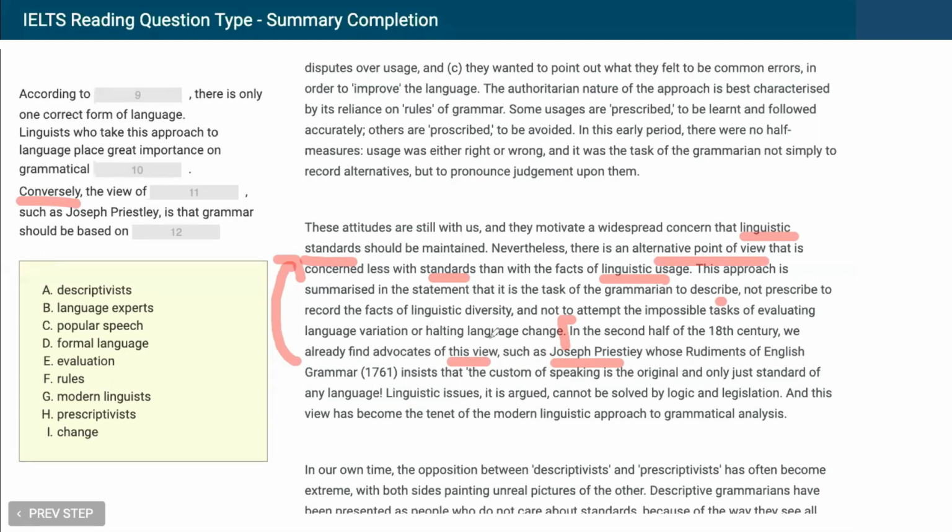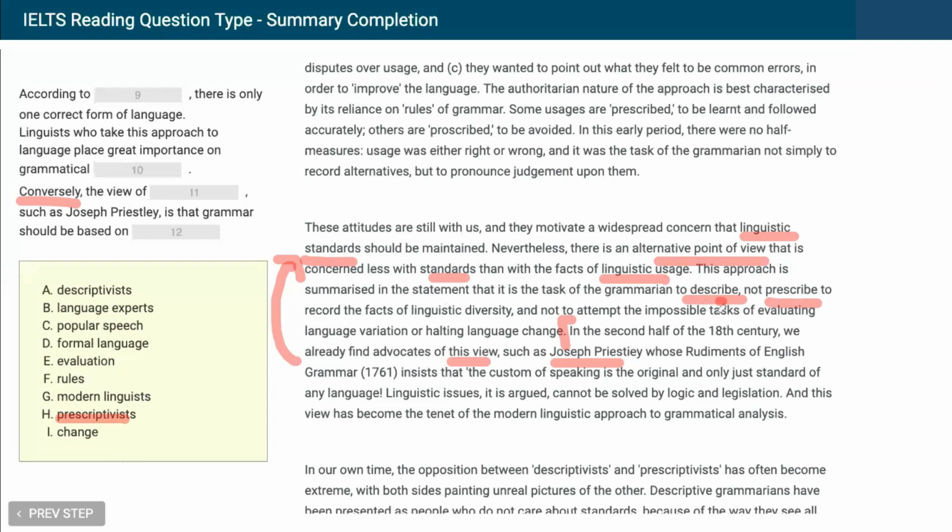Okay, so again, it's a very intense academic type of reading, but the word that we can see here that is key is describe, okay? So if you think of prescribe, this has the same root as prescriptivist, which makes sense because prescriptivist was number 9. In this case, the alternative view states that it is the task of the grammarian to describe.